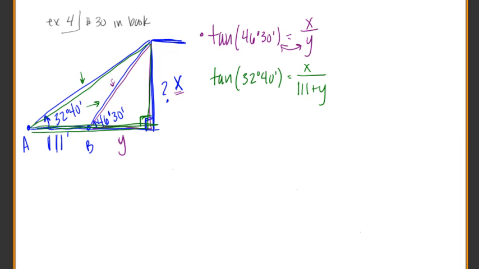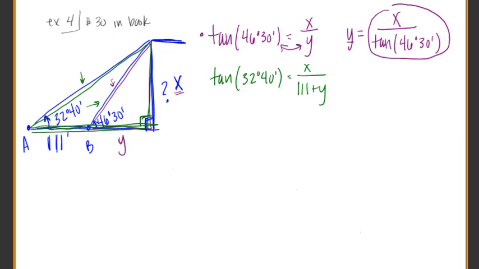So y is equal to x over the tangent of 46 degrees and 30 minutes. Okay. So now this is saying all of y is the exact same thing as this fraction. So what I can do is now take this value for y and plug it in right here. So let's do that, and let's write what's left over.